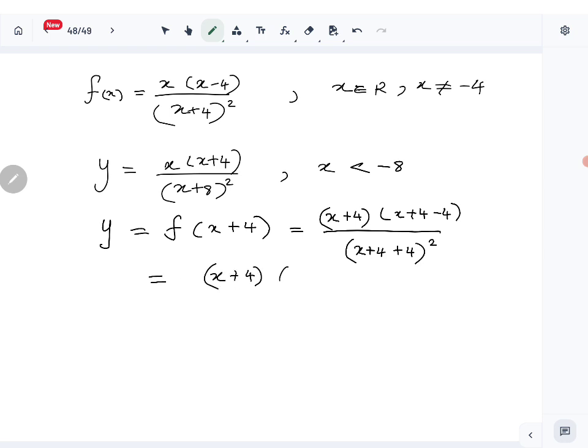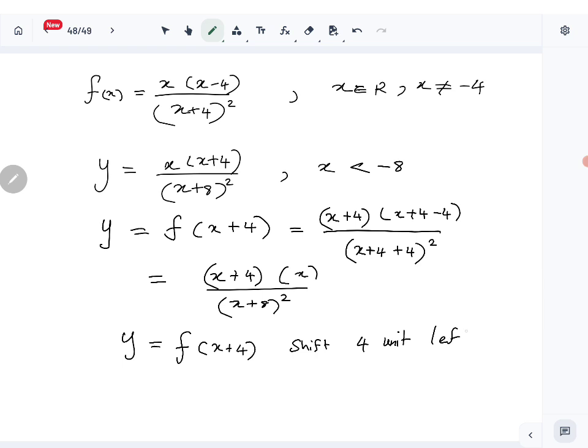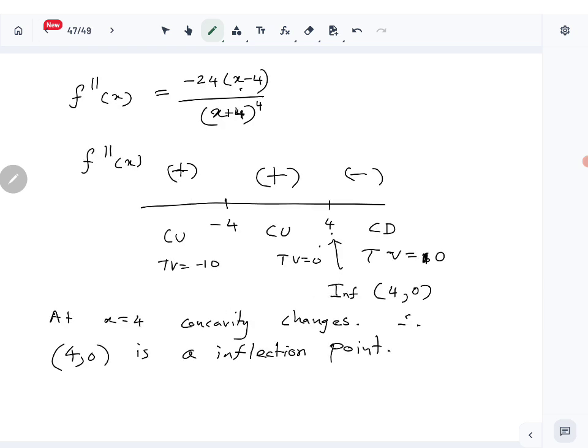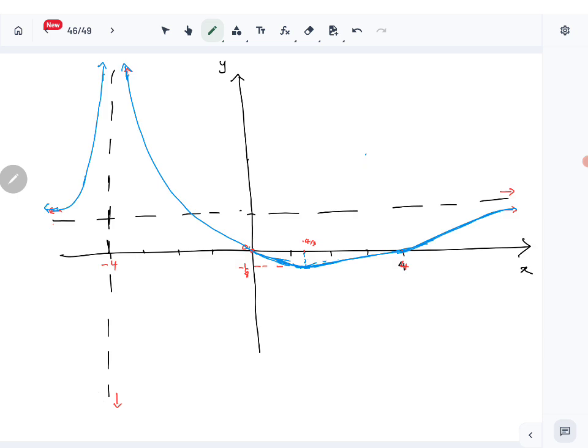That is y. So what do you need to do? We already have the graph of function f. f of x plus 4 is a transformation: shift 4 units left. You have to shift the graph of f(x) 4 units to the left.